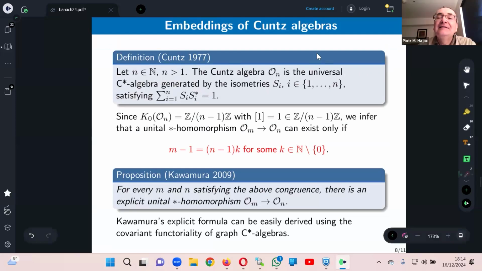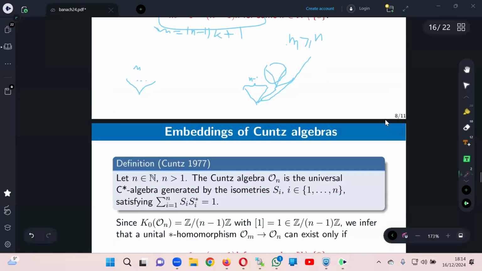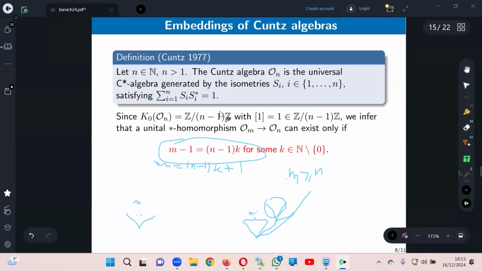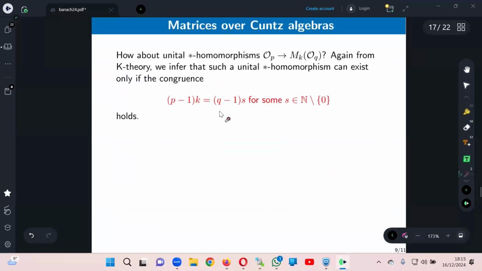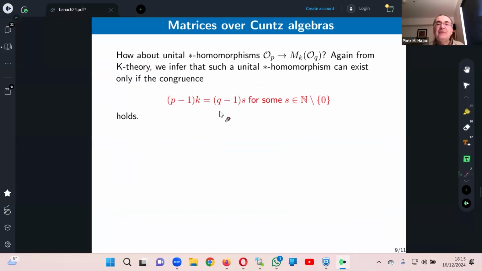Go ahead, ask it. Yes, thank you very much for your very interesting talk. I have a question about page maybe 17 or 18. You said that you classified all possible P and Q such that we have a unital star homomorphism from O_P to M_k of O_Q, and you pointed out that you use K-theory for this classification.